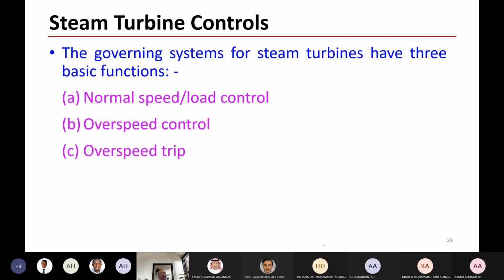But the combined cycle means the output of the steam you can use again. It is almost the same function. Yes, you can look at it as a combined cycle. Okay, thank you.